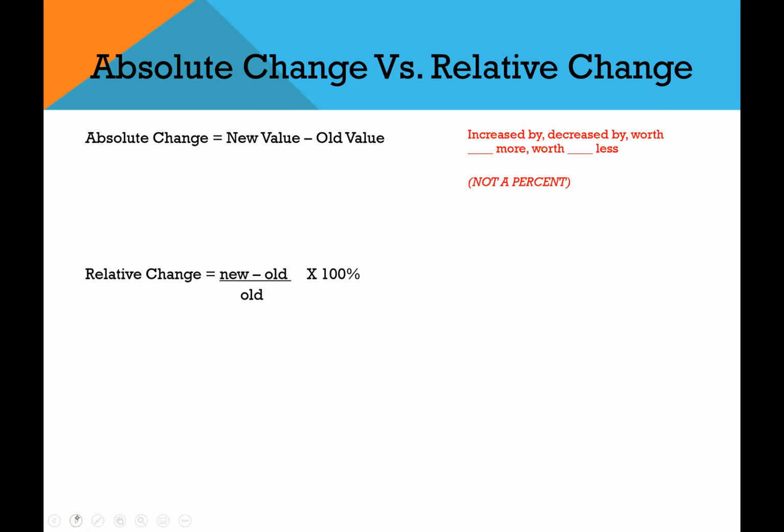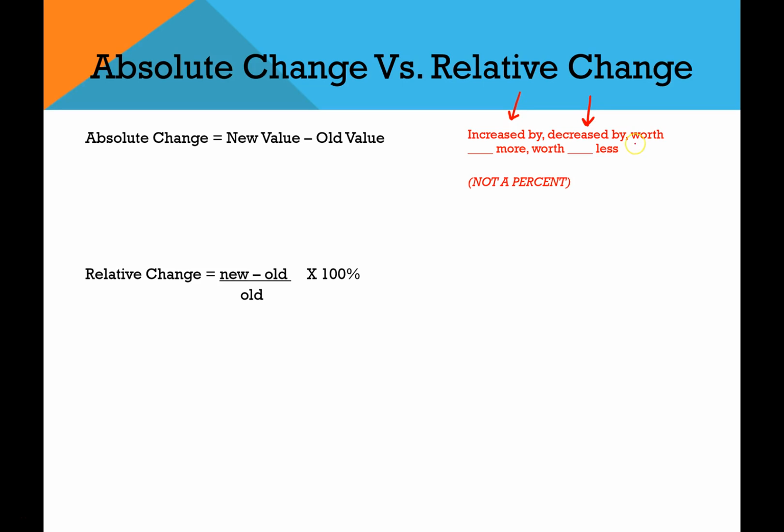I want to emphasize that the wording of our sentences differ when it happens to be absolute change versus relative change. If I'm asking you for an absolute change answer, you're going to say something like the price of gas has increased by $2, or the cost of this Beanie Baby has decreased by $200.